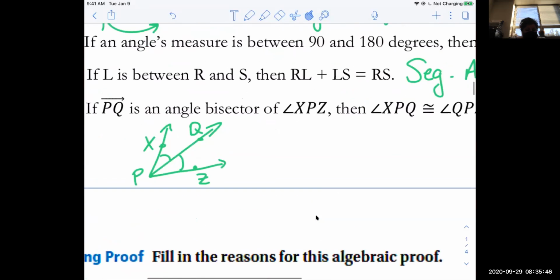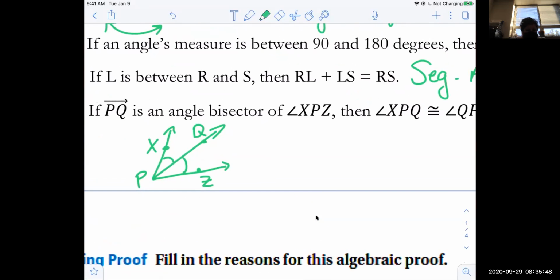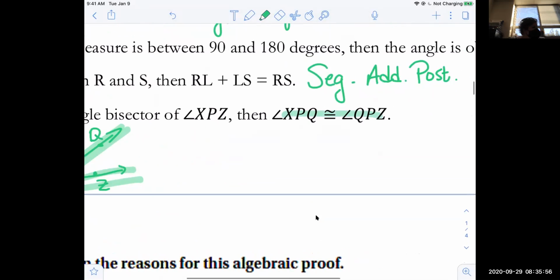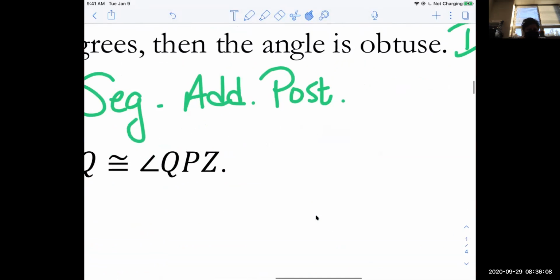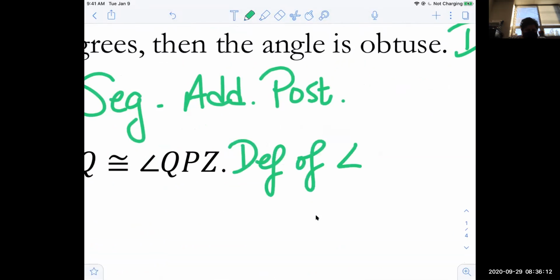Okay, angle addition would say that this plus that equals the whole thing. But that's not what this conclusion is. You have a second idea? Yes, that is just a definition of angle bisector. It's saying because it's a bisector, the two parts will be congruent.